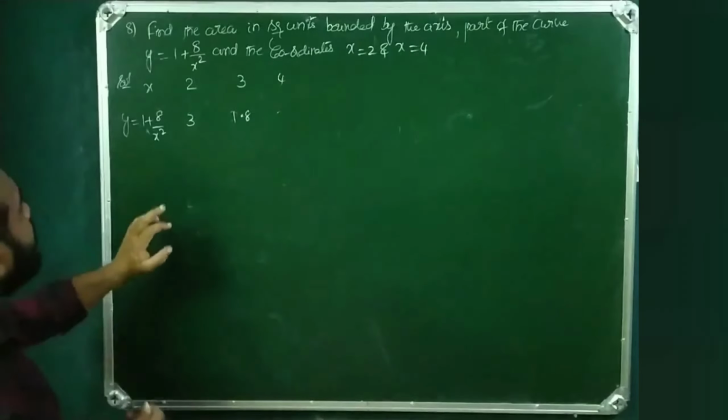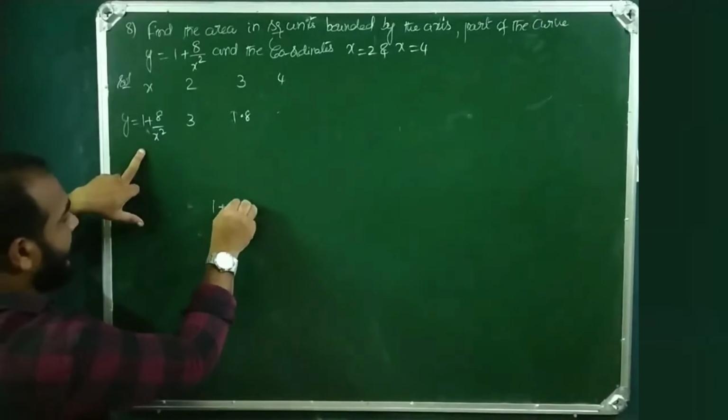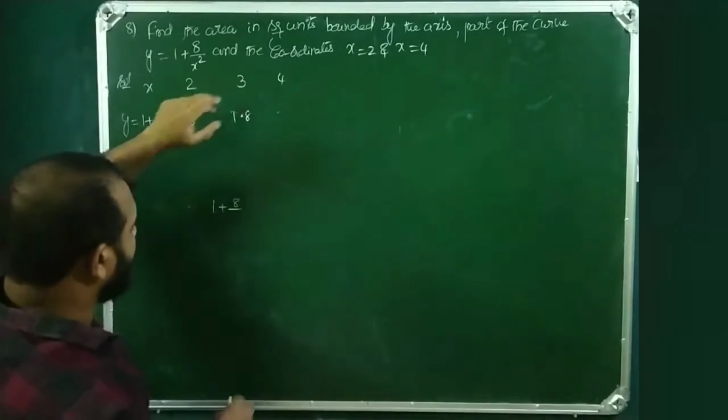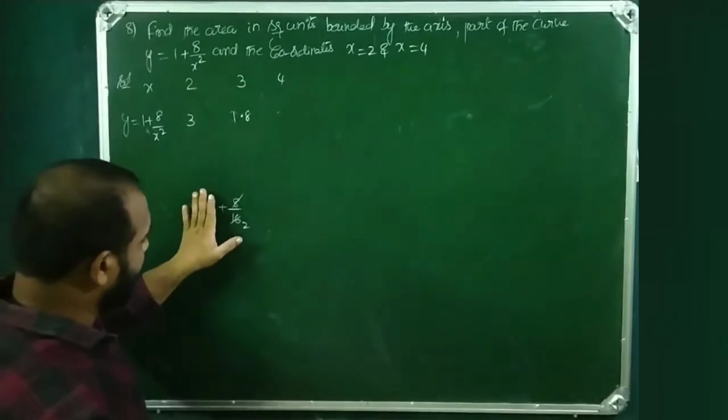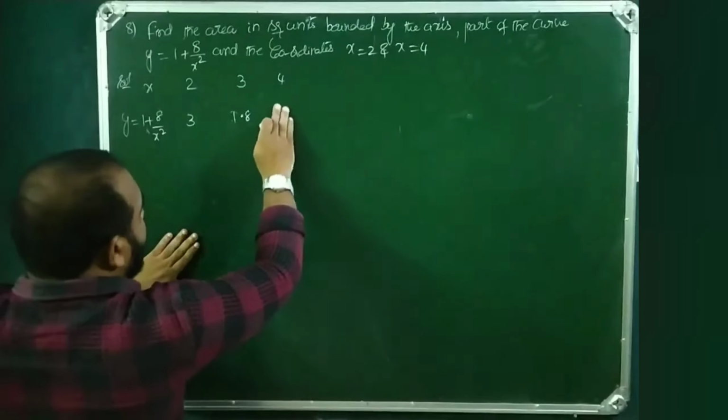Likewise, 1 plus 8 by 4 square, which is 16. So this is 2 times, 1 plus 1 by 2 is 3 by 2, 3 by 2 is 1.5.